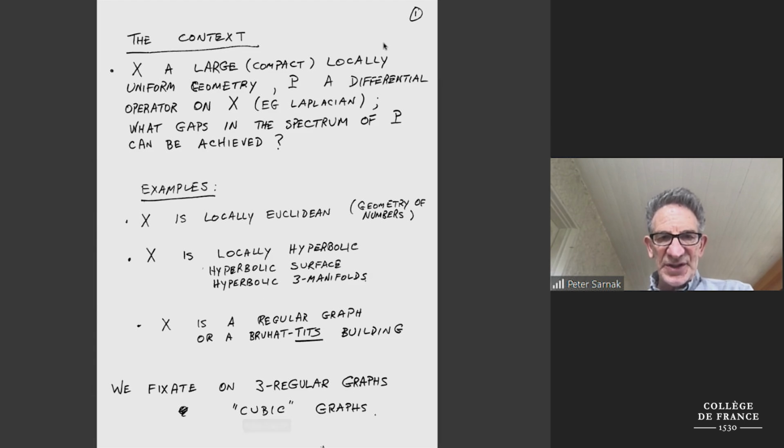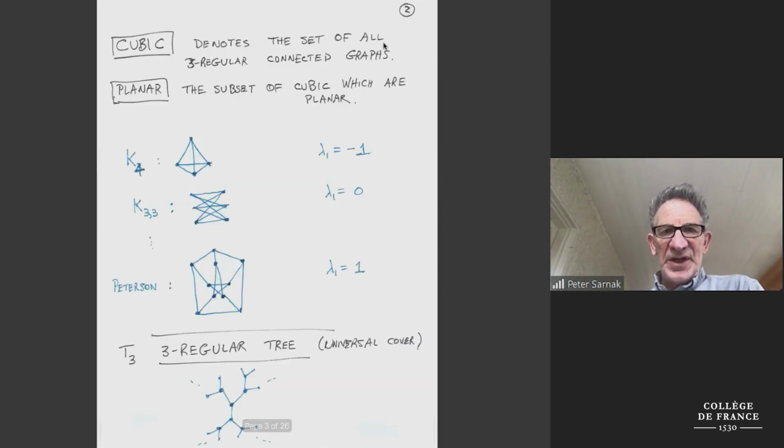Alicia Kollár is an applied physicist, and she actually builds various waveguides, and these problems come up naturally there. And in her laboratory where she builds these, they can only make cubic layouts. So she certainly wanted to fixate first on three-regular graphs. All right, so cubic will denote the set of all three-regular connected finite graphs. The smallest of all of these, I hope you can see this cursor here.